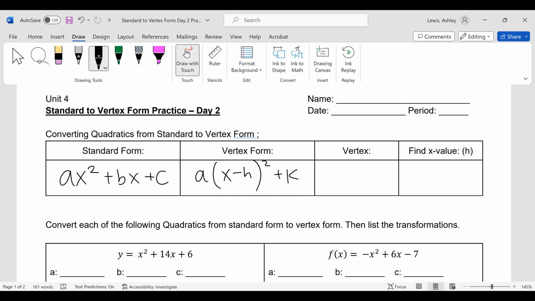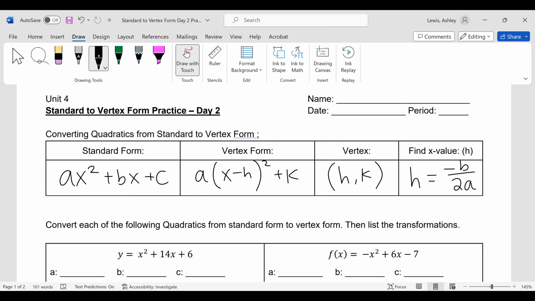The vertex is (h, k). And to find the h value or the x value, you do h equals -b over 2a. I see a lot of people doing 2c. It should be 2a, okay? So these are the different formulas that you'll need today.